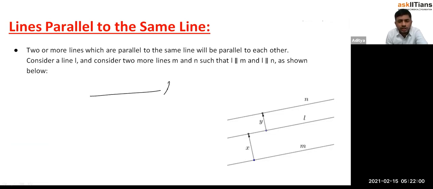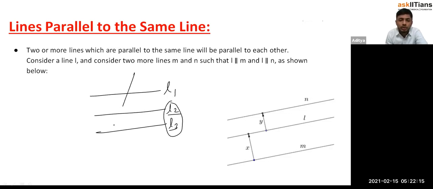So let us say there is a line L1, a line L2, and a line L3, and it is given that L2 and L3 are both parallel to L1. We have to prove that L2 and L3 will also be parallel to each other. So how can we do that? Let's draw a transversal here.